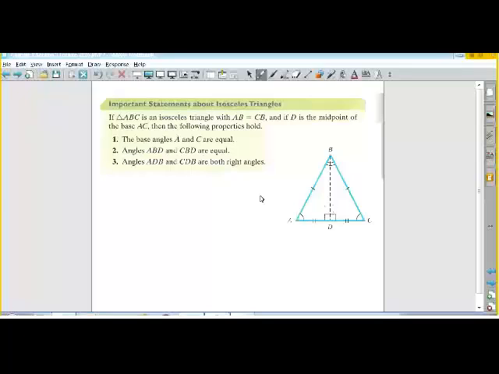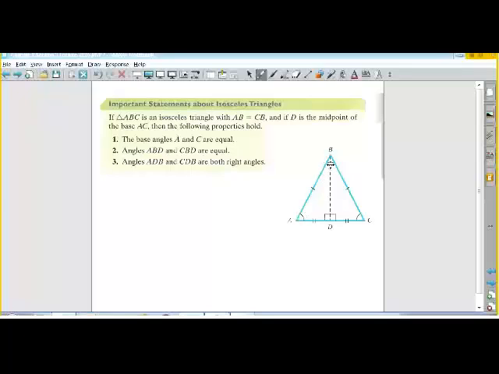In this case, they're not talking about trig functions. They're just saying if this is an isosceles triangle, meaning that these two sides have the same length, and if D is the midpoint, meaning halfway between A and C, and you draw a line from this midpoint to the opposite angle, the properties that result are that these two angles are equal to each other.